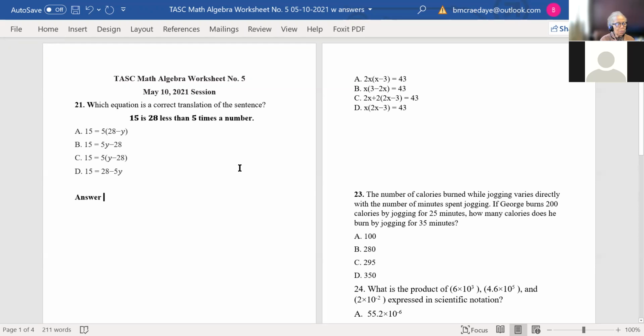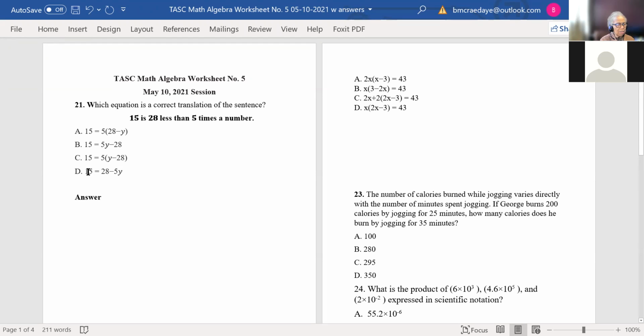D. Okay, tell me in words what this one is saying, Maureen. You said D? Okay, what is this saying in words? 15 is what? 15 is greater or equal.